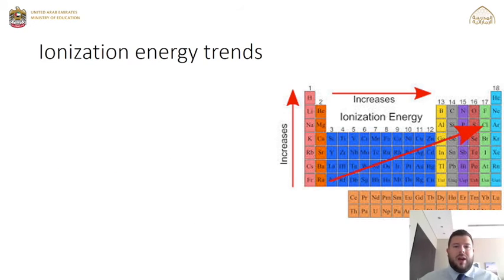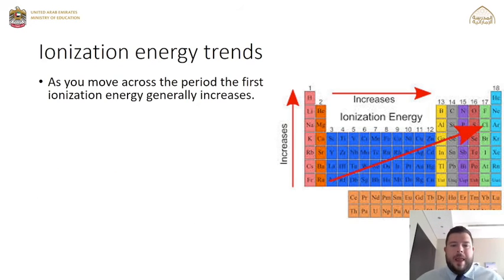The trends for ionization energy. As we move across the period, the first ionization energy generally increases. What you've got to remember is as we go across the period, all of the valence electrons are still located in the same principal energy level. But the nuclear charge, the positive charge on the nucleus, is increasing, and this causes the negative electrons to be more strongly attracted to the nucleus as we go across the period.